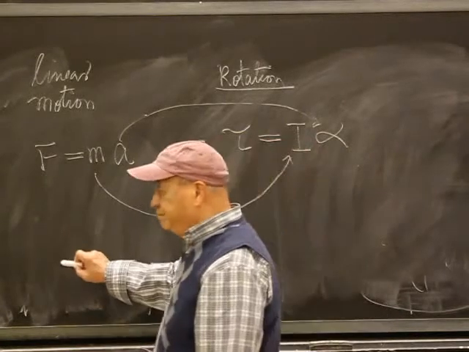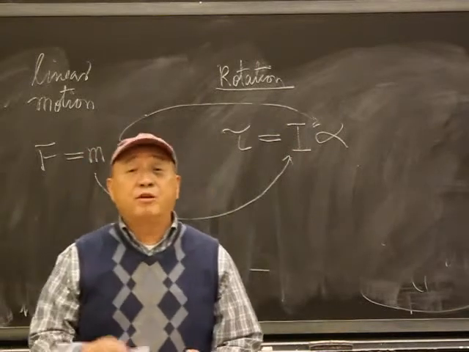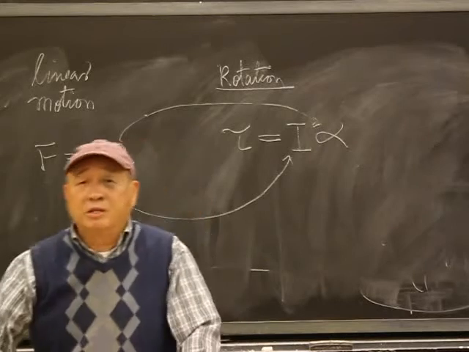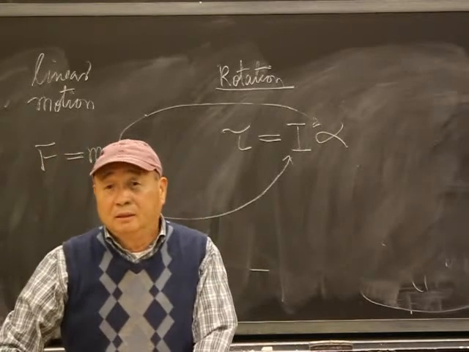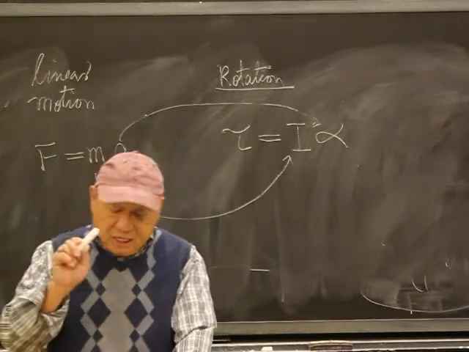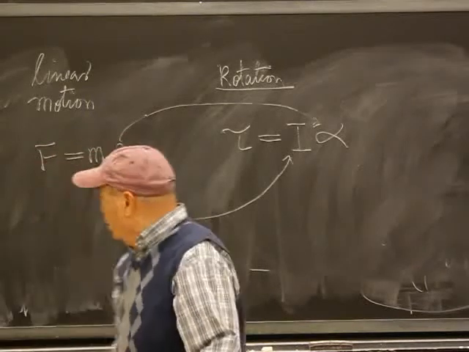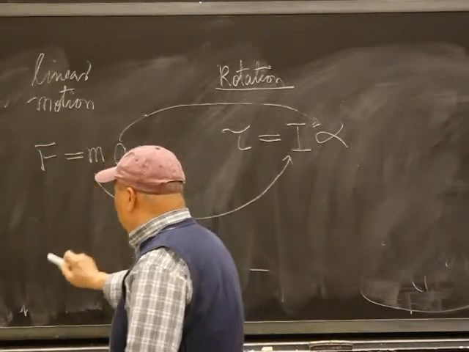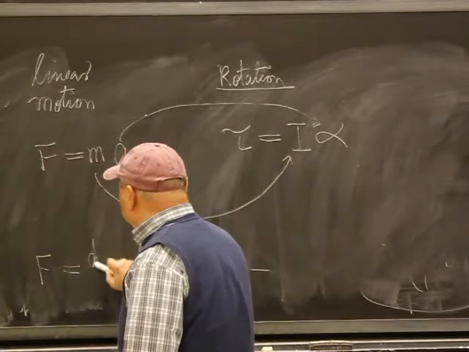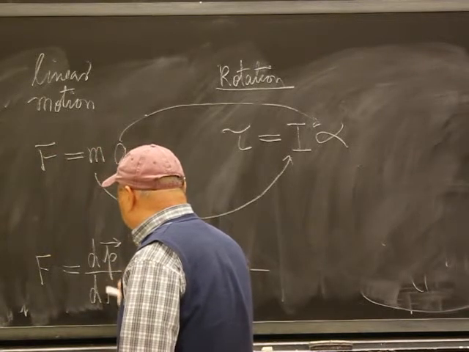So what is next? What is the quantity of angular motion? In linear motion, there is a quantity of motion called momentum. So that has something equivalent. In linear motion, we have F equal to the time rate of change of momentum.